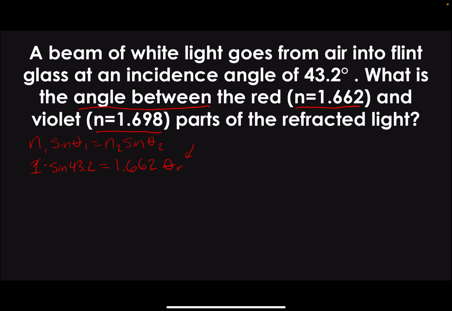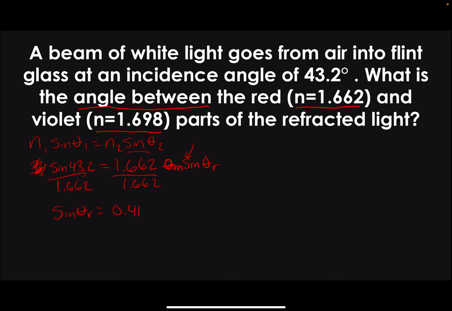I forgot to bring my sine down. We need to keep the sine there. So sine of our angle is going to be equal to 0.41188. And so I can do inverse sine on both sides and see that theta r is equal to the inverse sine of 0.41188, which is equal to 24.323 degrees.